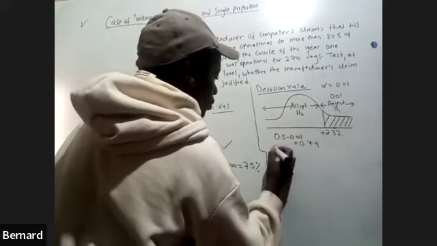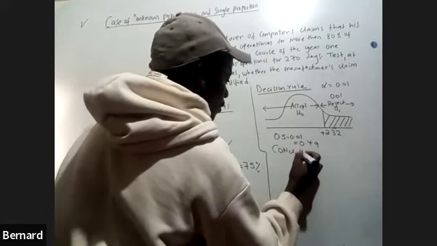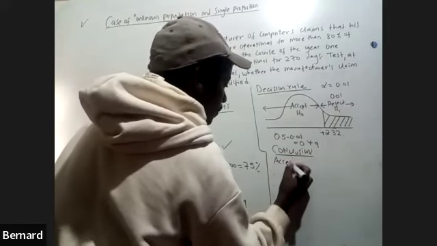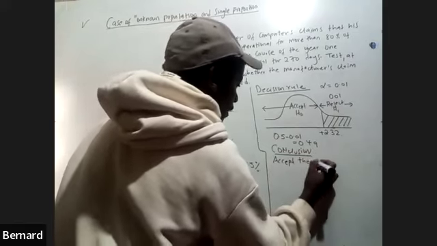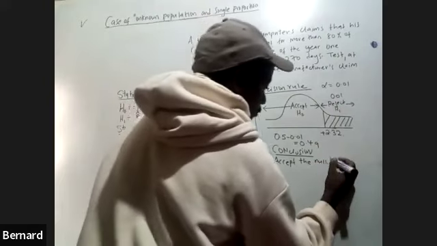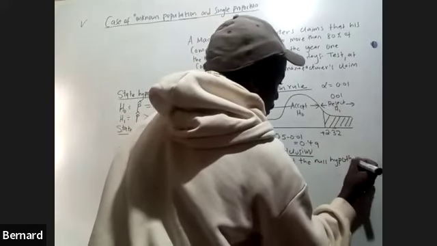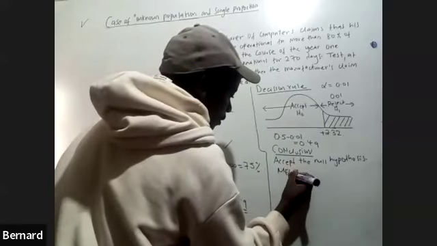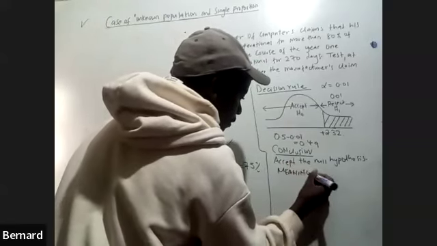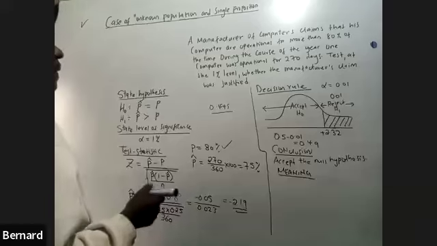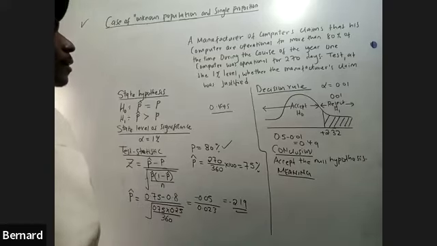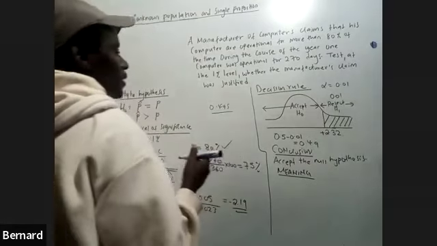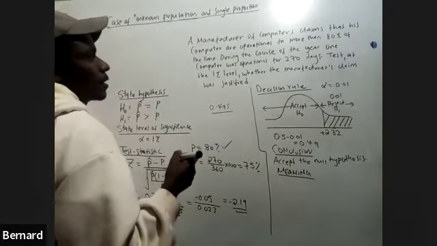So the conclusion: we accept the null hypothesis. The meaning is that the claim is justified.